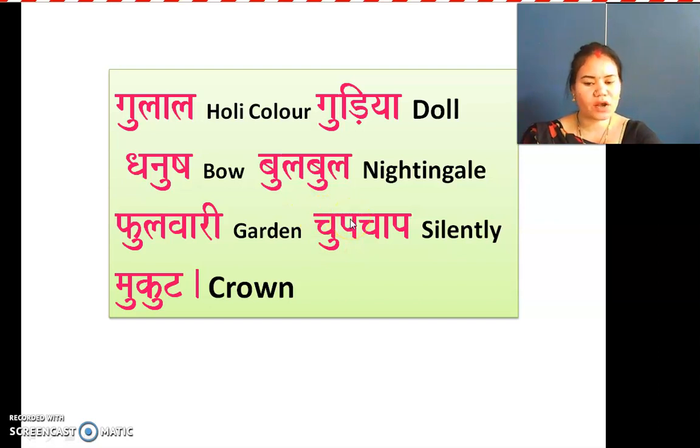That is called cha. While you are writing the ja, there is no first sleeping line. First you put the C, then give a small sleeping line in between in the middle. Next, the standing line. That is called ja.